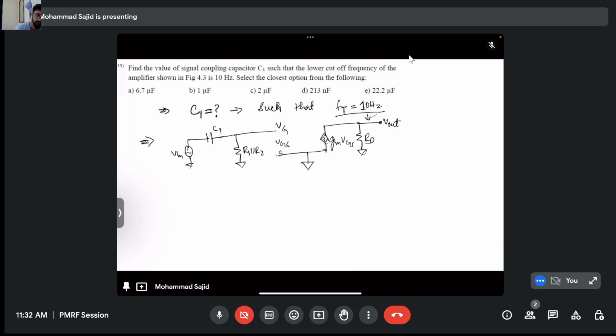All right. So we had to find the value of coupling capacitor C1. So what we'll do is that we'll find gain. Gain in terms of VGS, V output by VGS can be simply written as minus GM RT. We derived this earlier, right?